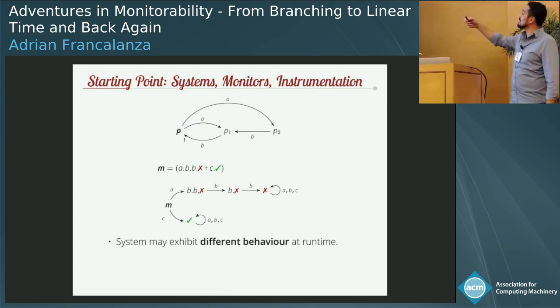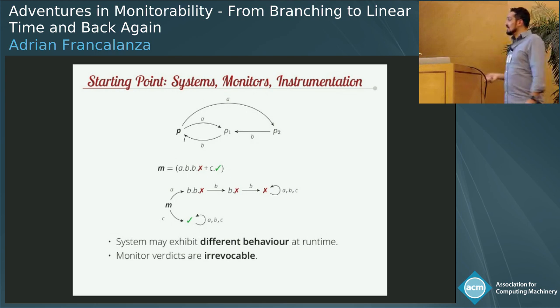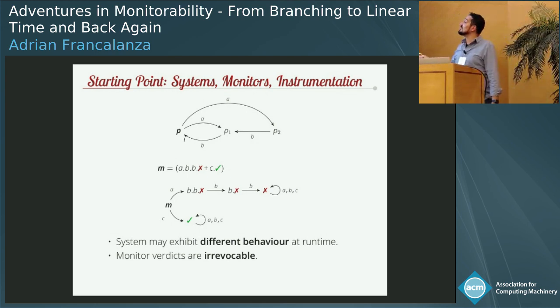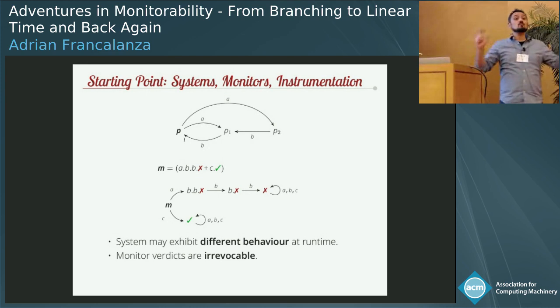For example, up here, from state P, if you take action A, you go here or there. The other aspect is that monitor verdicts are irrevocable. So if you're a monitor and you've reached a verdict, you are not allowed to change your mind. You cannot see more events and then say, oops, I'm going to change my mind.